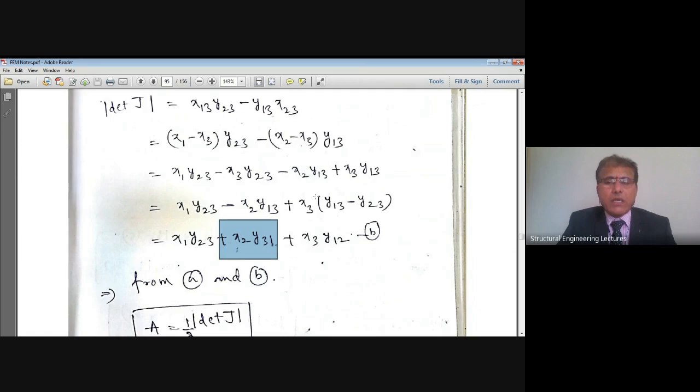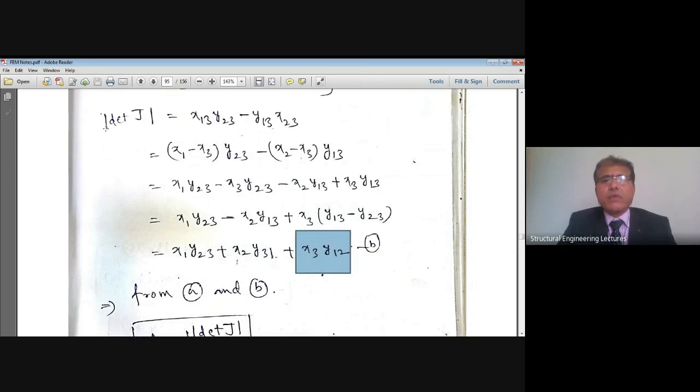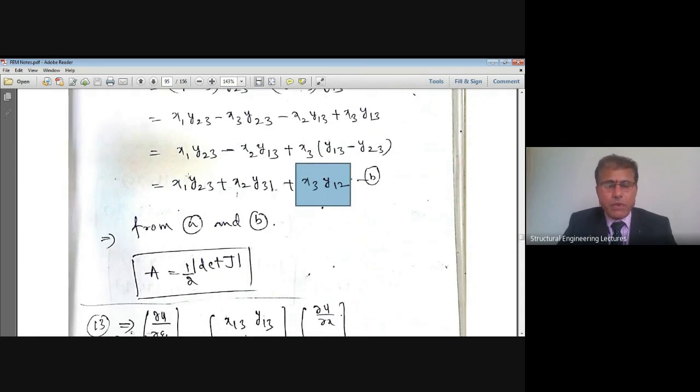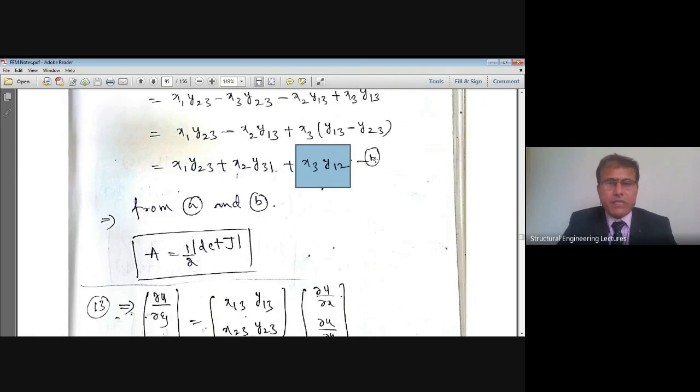Now, what are the terms that are left? Only those with x3. x3 multiplied by y13 minus y23, right? This term. Therefore, y13 means y1 minus y3, minus y2 plus y3. Then the y3 gets cancelled. Y1 minus y2 is x3 multiplied by y12, right? Therefore, this is how the determinant of the Jacobian is given by this equation B.